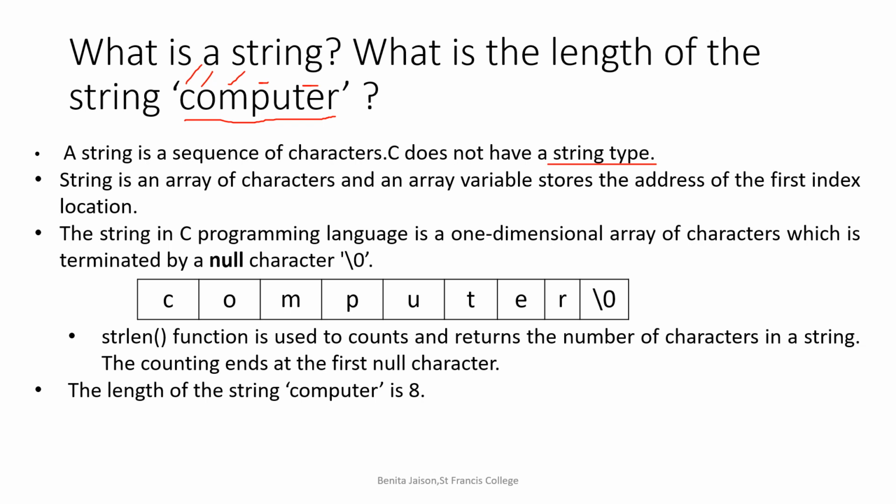So the string length of "computer" is 8. The counting ends at the first null character. You can either use the string length function, or you can write a C program to count character by character of a character array until it encounters a null character.